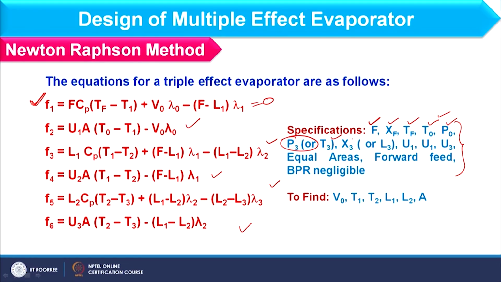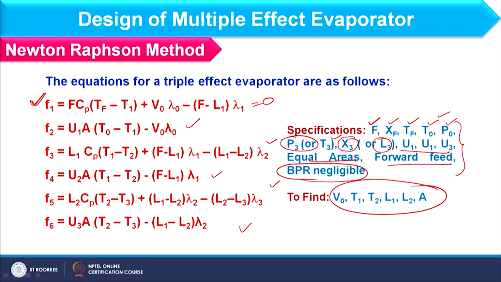And we also know the product concentration or the product flow rate, and all overall heat transfer coefficients, we consider equal area, forward feed we have considered, and we have neglected boiling point rise. Okay. So, in this way you can consider that we have 6 parameters which are unknown to me. Okay. And all these 6 parameters we can find while solving these 6 equations simultaneously using Newton-Raphson method.